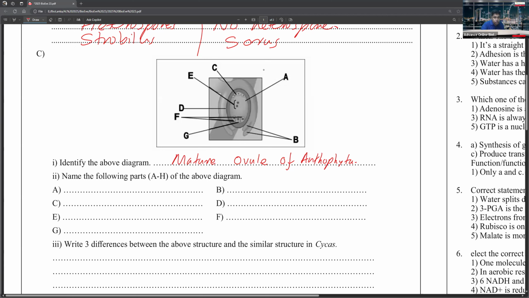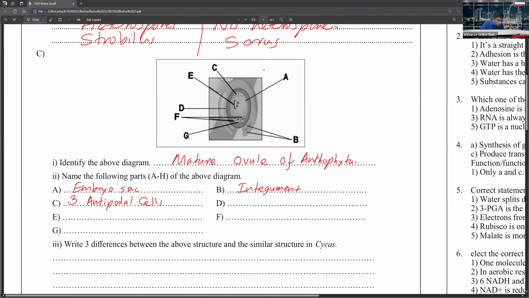What is A? A, embryo sac. What is B? B, integument. What is C? Three antipodal cells. What is D?